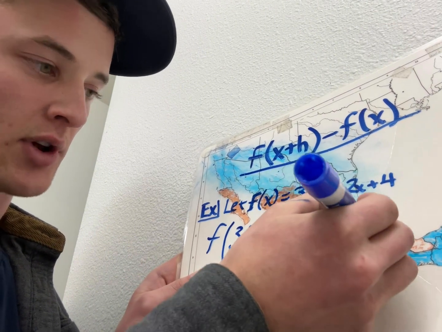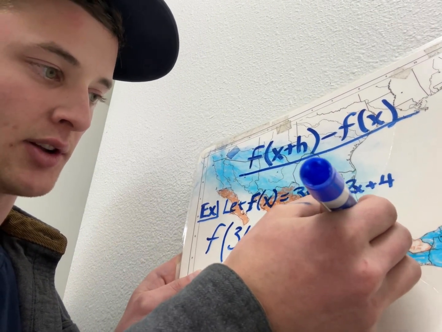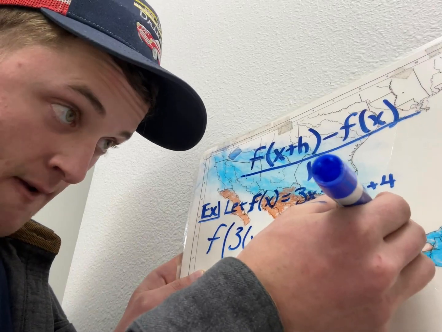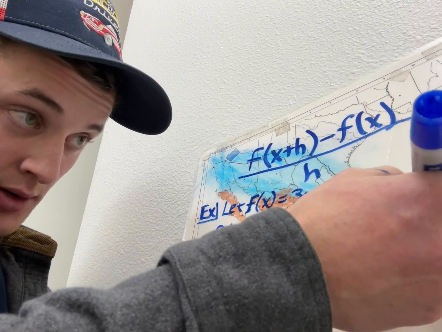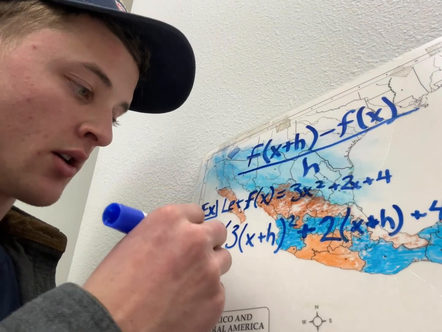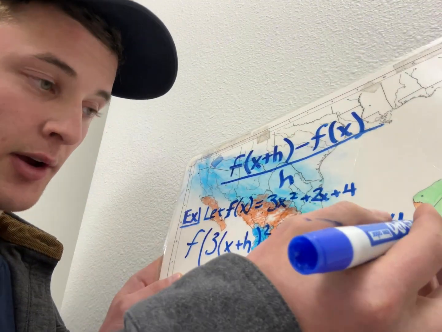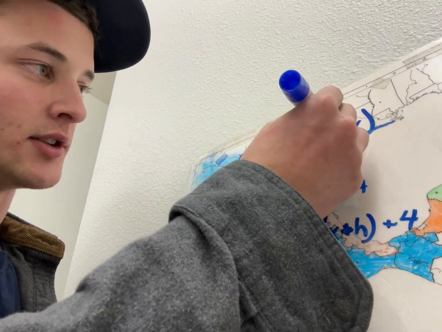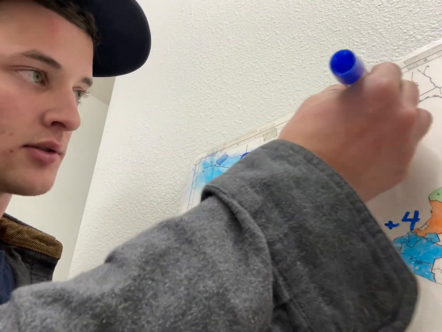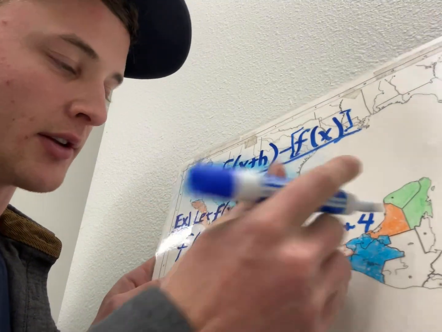Plus 2, instead of x, we're gonna have x plus h. Plus 4. And then the other part here, a pro tip for y'all to make sure that you don't drop the negative is just put this in brackets. That way you can remember to distribute the negative.